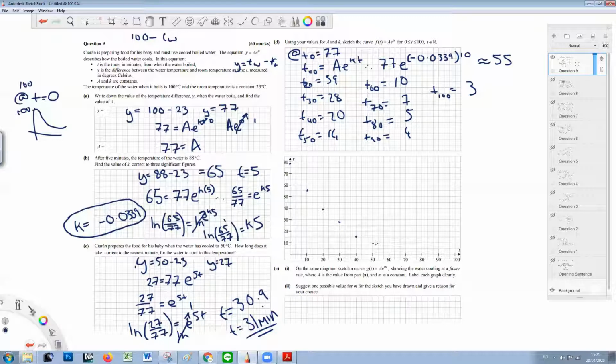Oh, sorry, 20, and then 14, which is around here. T60 is 10, around here, here, here, and here. So then just draw in some sort of graph like that.